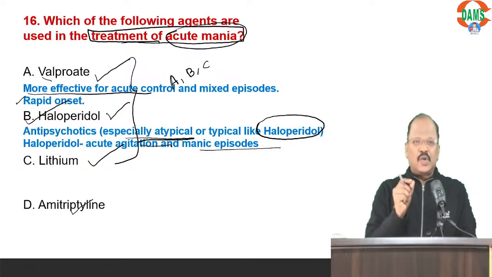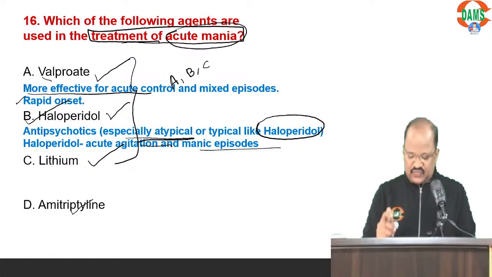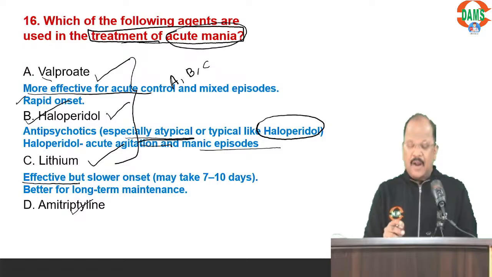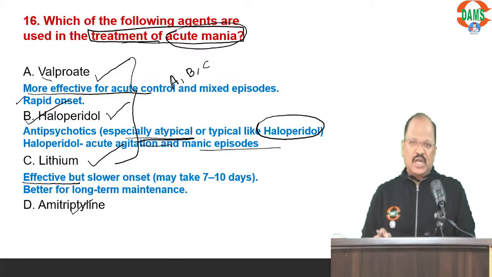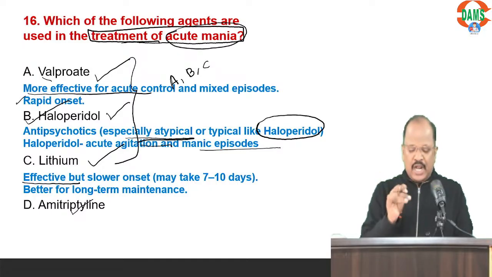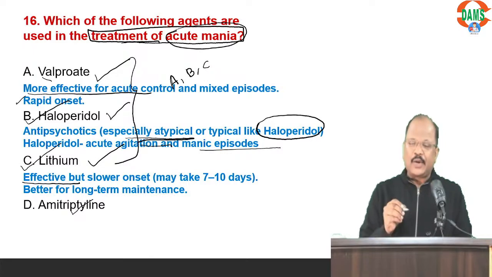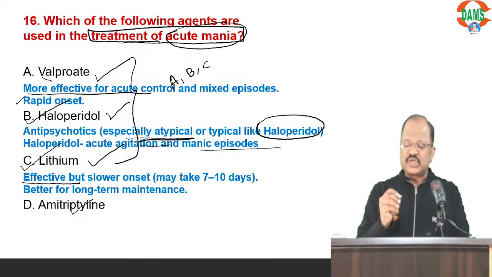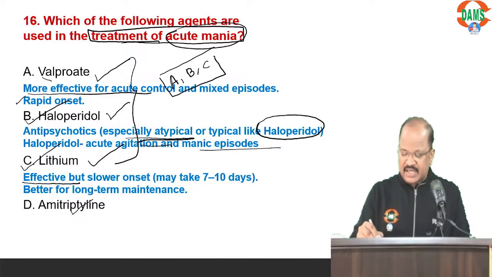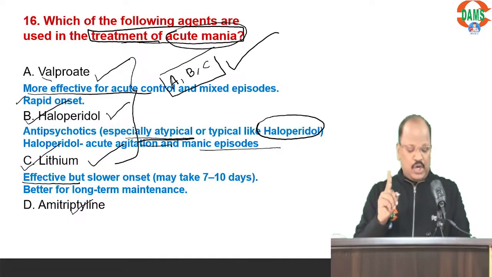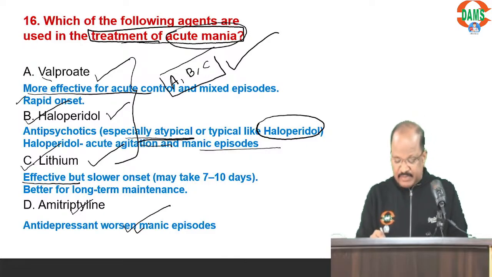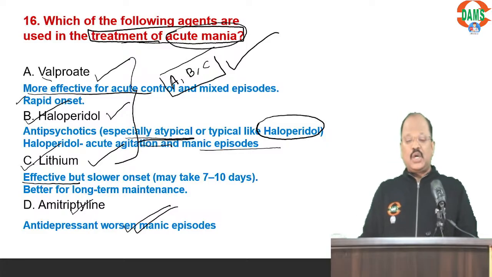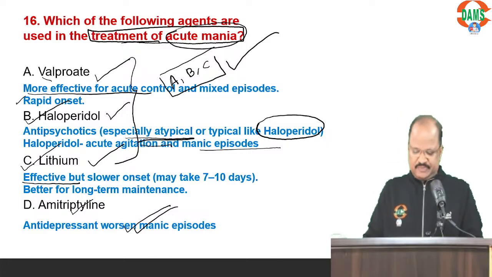Lithium, a wonderful mood stabilizer, is effective for acute mania, but the onset of action takes about 7 to 10 days. That's why it is usually given for maintenance to prevent fluctuation of mood, but it also has effect in acute mania. So the answer is options A, B, and C. And remember, don't use antidepressants because antidepressants worsen mania.